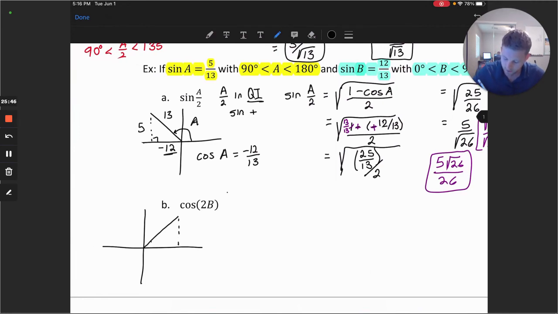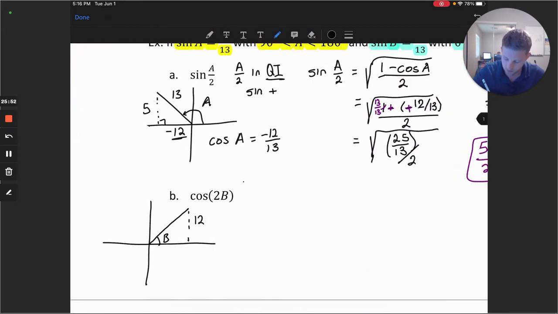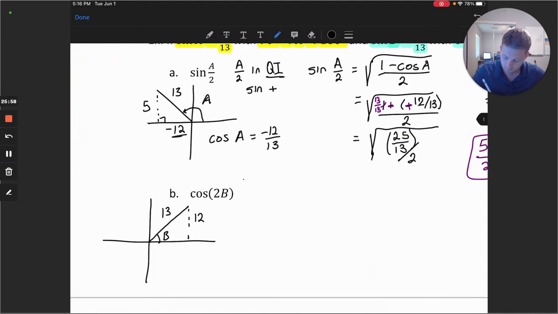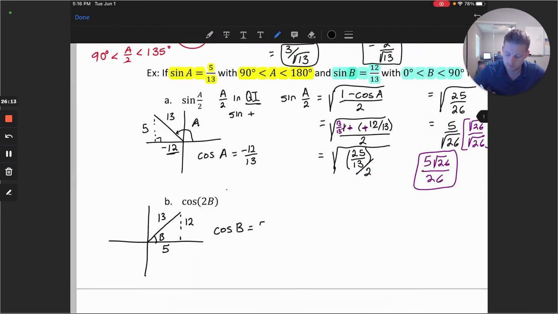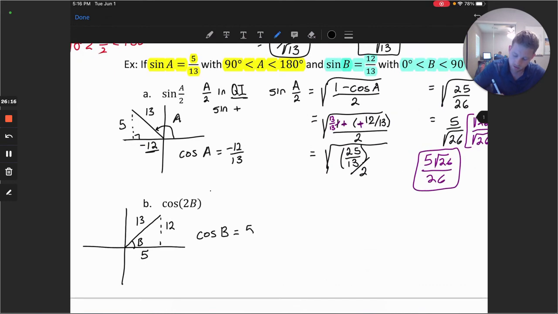The sine is 12 over 13, which means this is again a 5, 12, 13 triangle. So the cosine of B is equal to 5 over 13. I'll just jot down the sine as well. The sine was equal to 12 over 13. That'll be useful later.